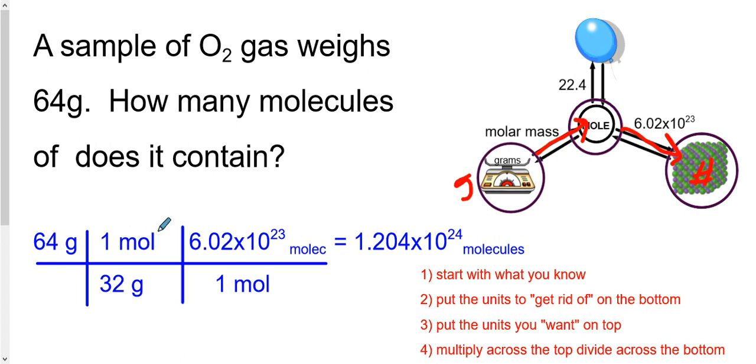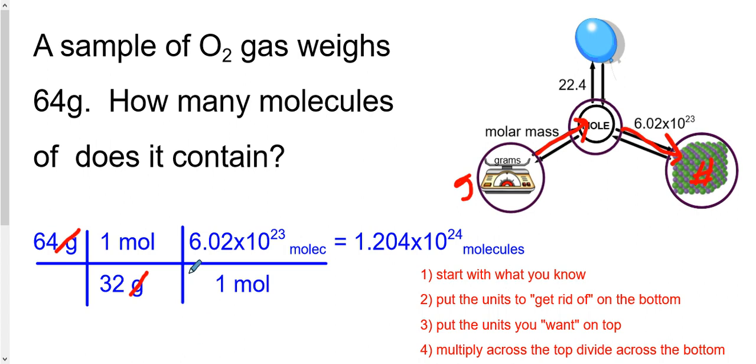For our purposes today, we're going to just round that to 16 grams in every 1 mole. But it's O2, oxygen's diatomic, so we'll need twice as much. 1 mole of oxygen molecule will weigh 32 grams. See how grams on the top cancels grams on the bottom? We're at moles. At this point, if you want to solve 64 divided by 32 and get 2 moles, you're welcome to do so. But I like to just continue right along.